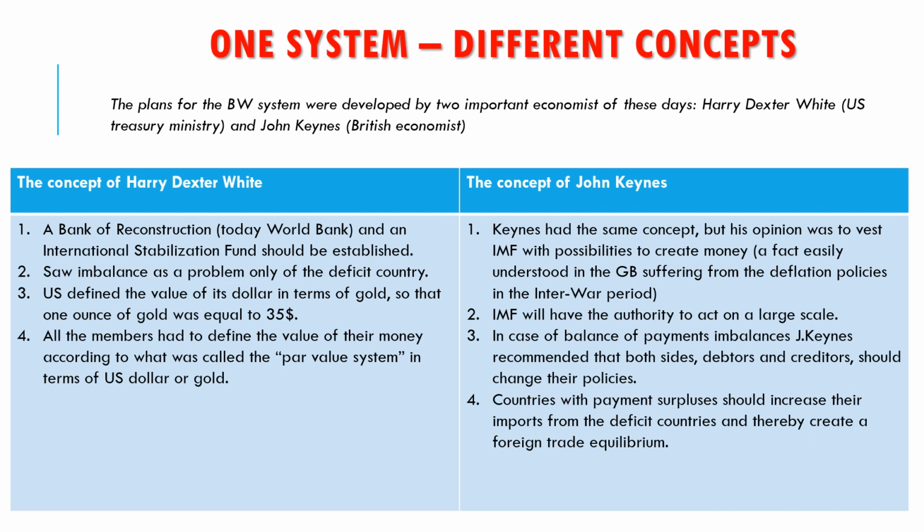He saw the imbalance as a problem only of the deficit country. He supported the idea that the U.S. had to define the value of its dollar in terms of gold, so that one ounce of gold would be equal to $35.